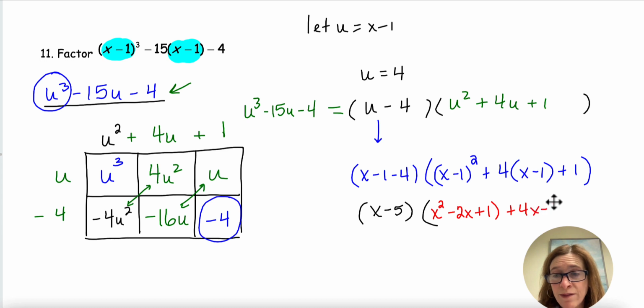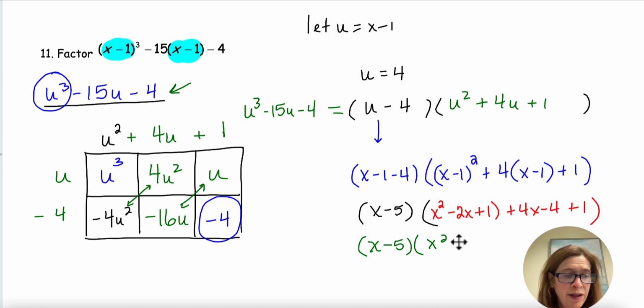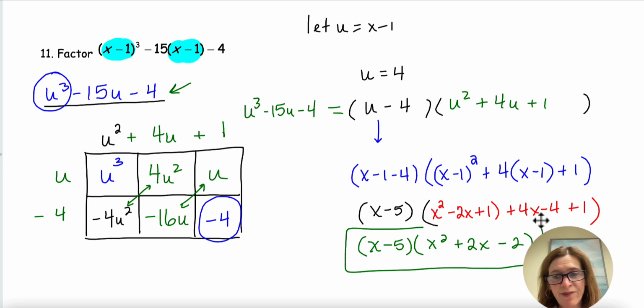Distribute your 4. And then simplify. So that's going to give me x minus 5 times, let's see, x squared plus 2x minus 2. And there, I am done, and I've factored it.